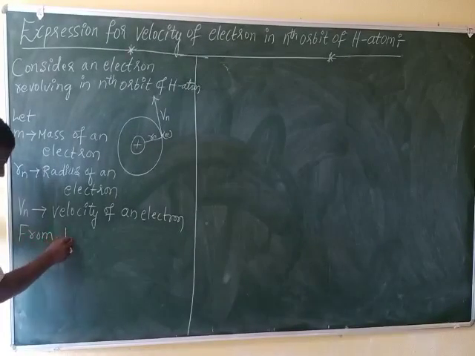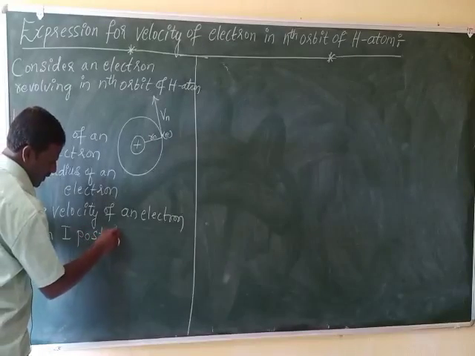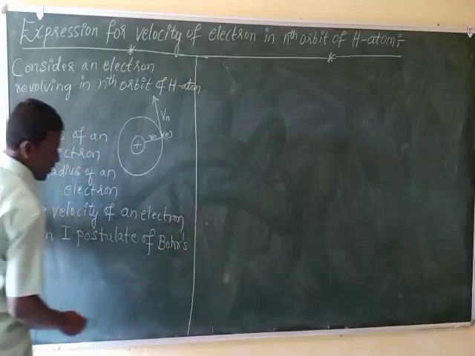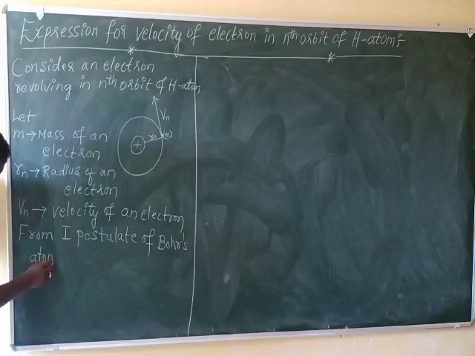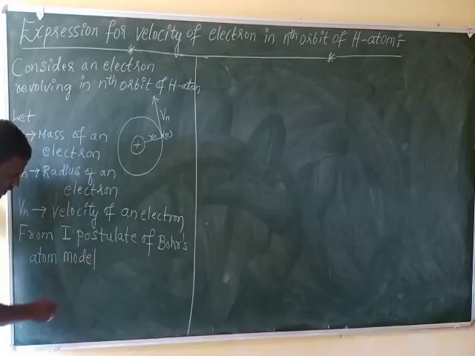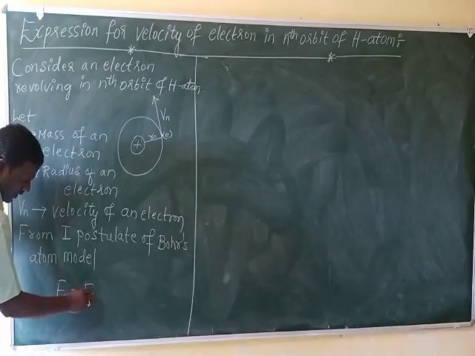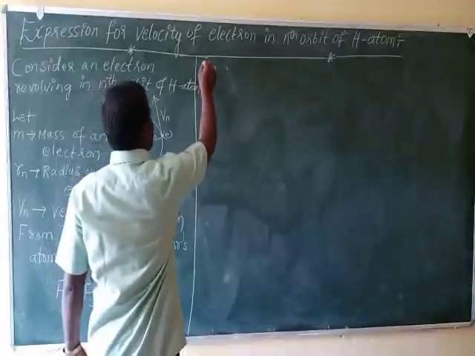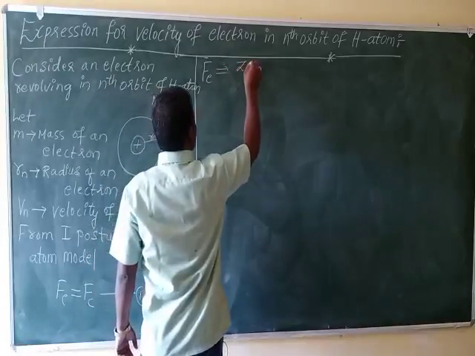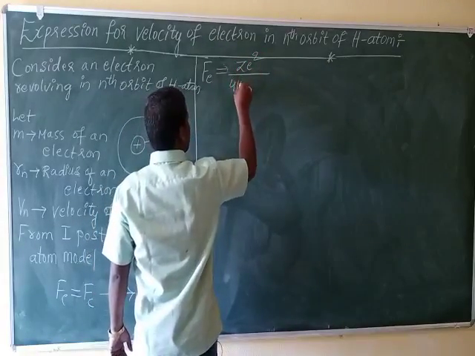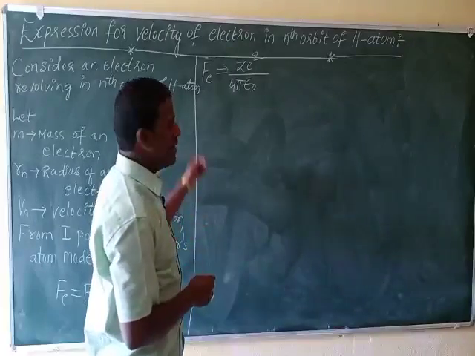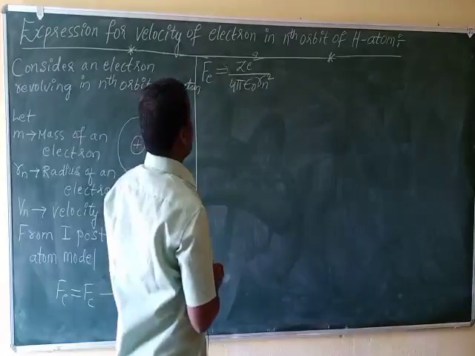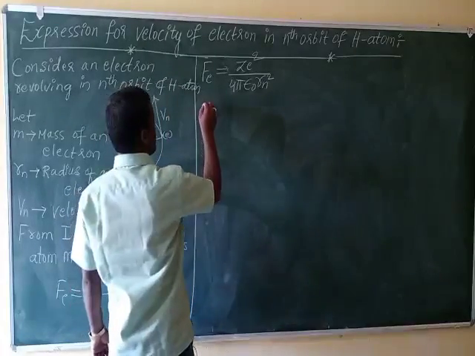So same step, from the first postulate of Bohr's atom model, Fe equals Fc, equation number 1. In the last derivation you learned the expression for electrostatic force of attraction, Fe equals Z square by 4 pi epsilon Rn square.